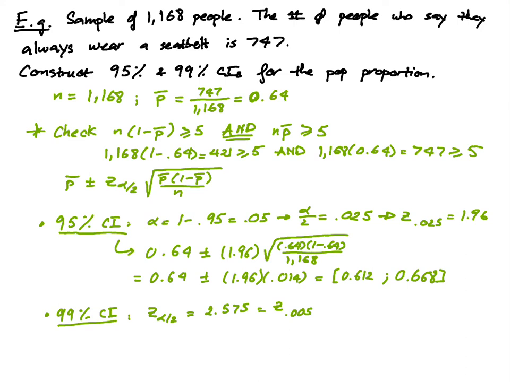And so the 99% confidence interval is equal to 0.64 plus or minus 2.575 times the square root of 0.64 times 1 minus 0.64 divided by 1,168.